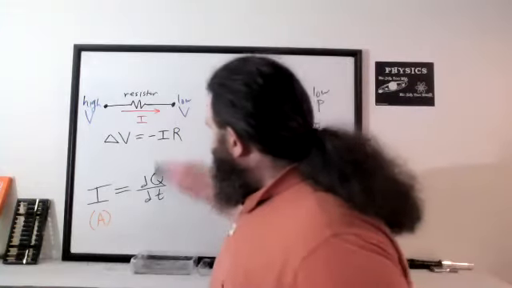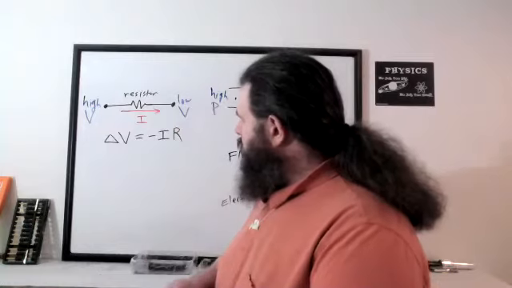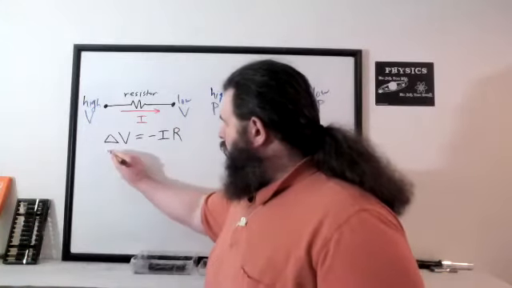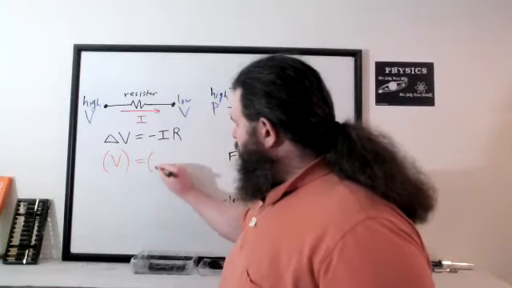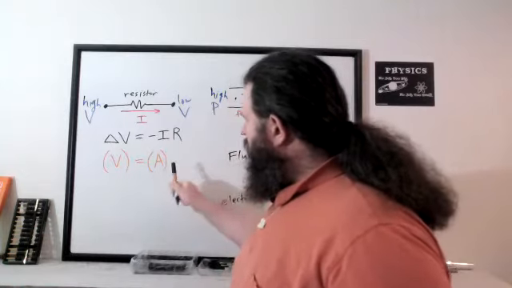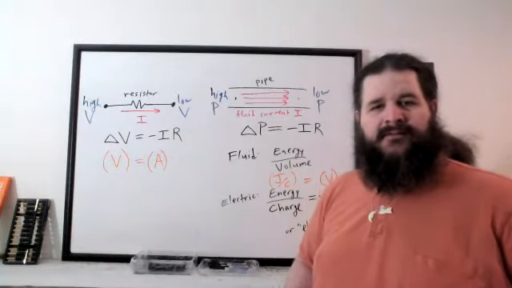And one more thing on the units of measurement here. The voltage is measured in volts. Current is going to be measured in amps. So what does resistance have to be measured in order for this to work out?